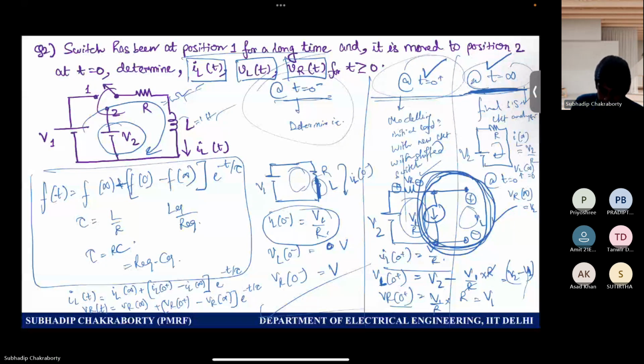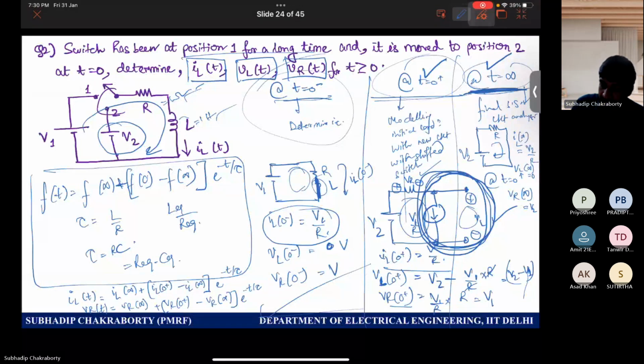Sir, VL 0 plus is V1 minus V2. Which one are you telling me? The second one. Second one, okay. Second one, VR infinity, how much?